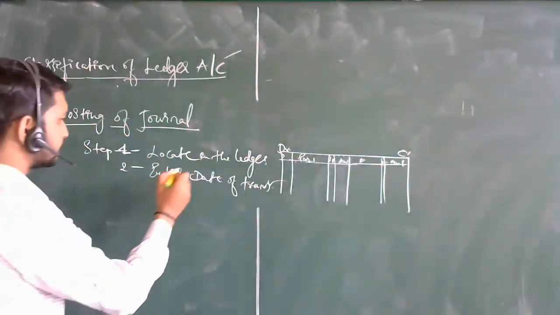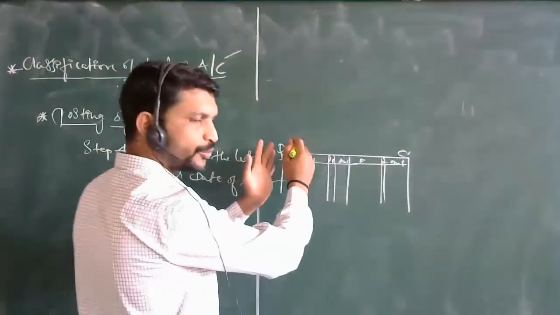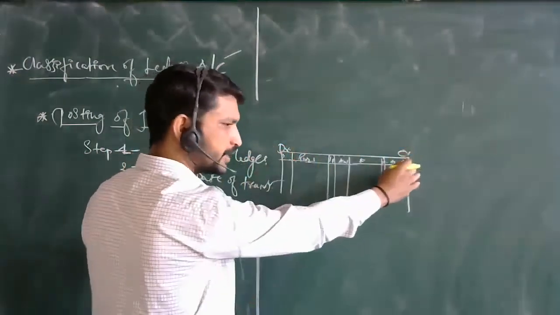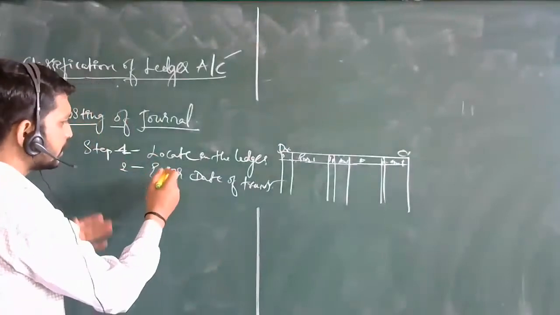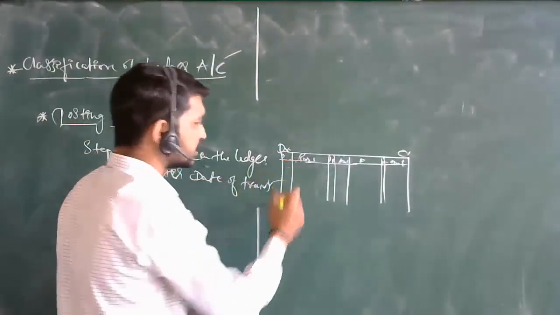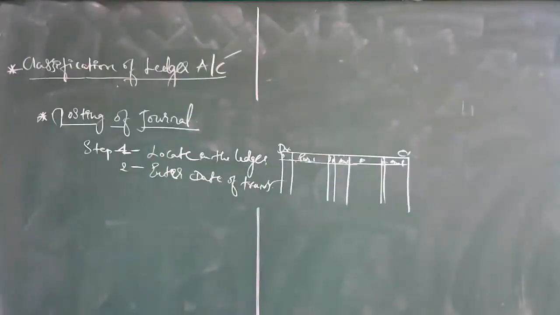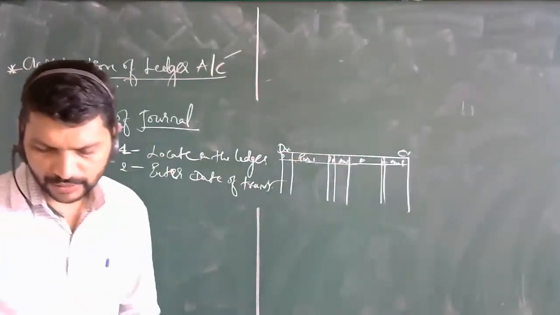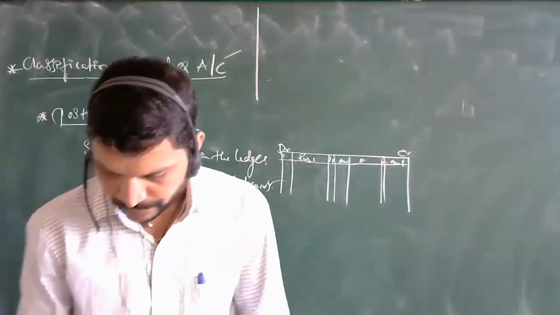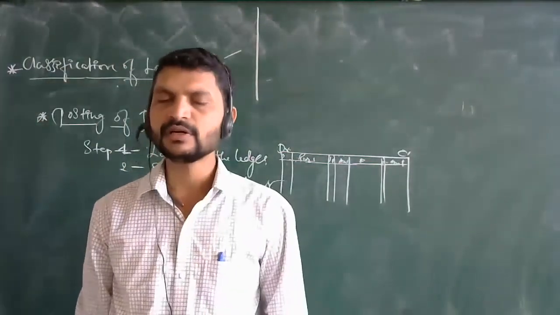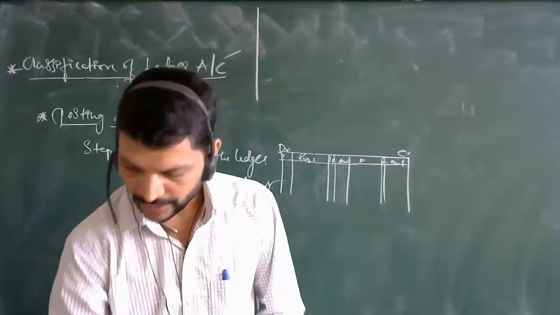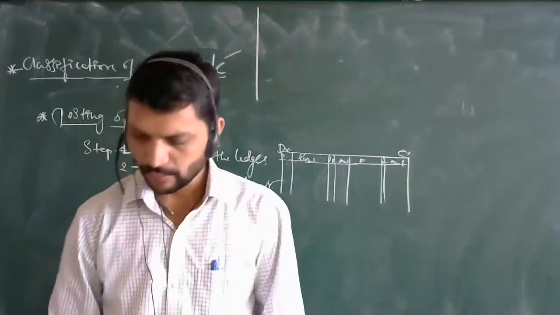First you have to locate whether it should be entered on the debit side or credit side. Then enter the date at which the transaction took place. Next, particulars. In the particulars column, you give the detail, the name of the account.